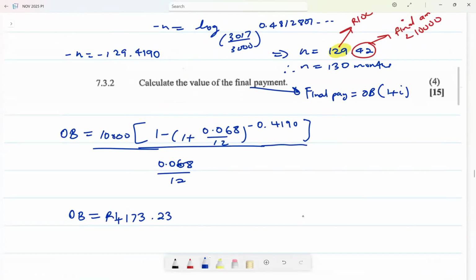But remember, I said the last payment is the outstanding balance times 1 plus that interest.